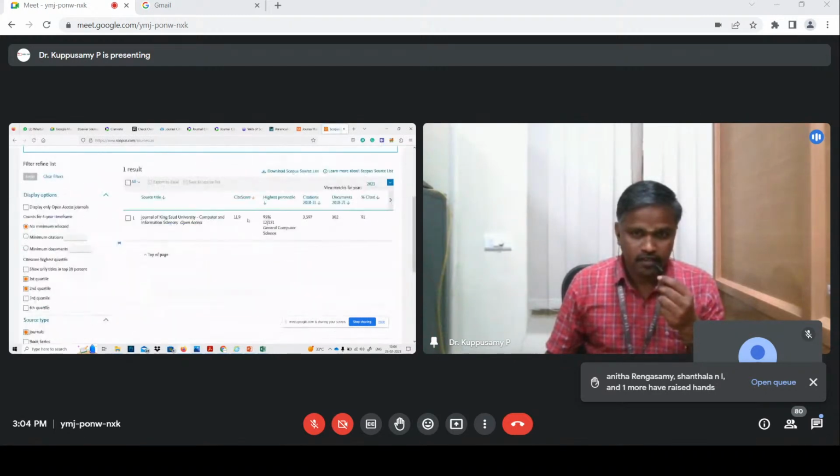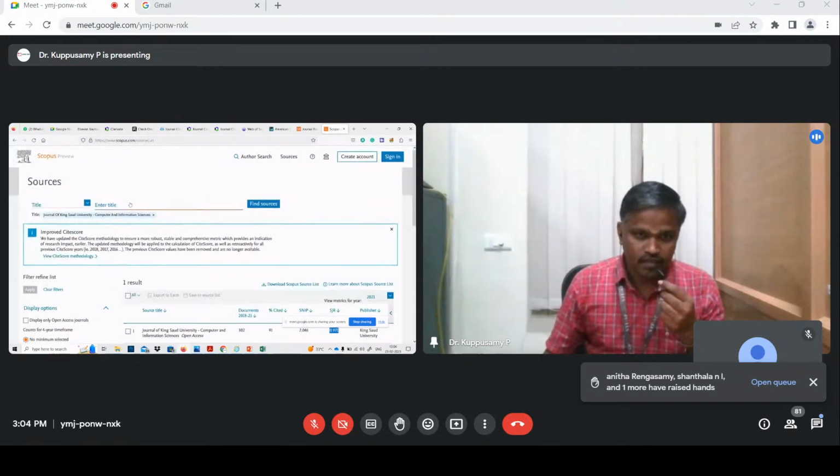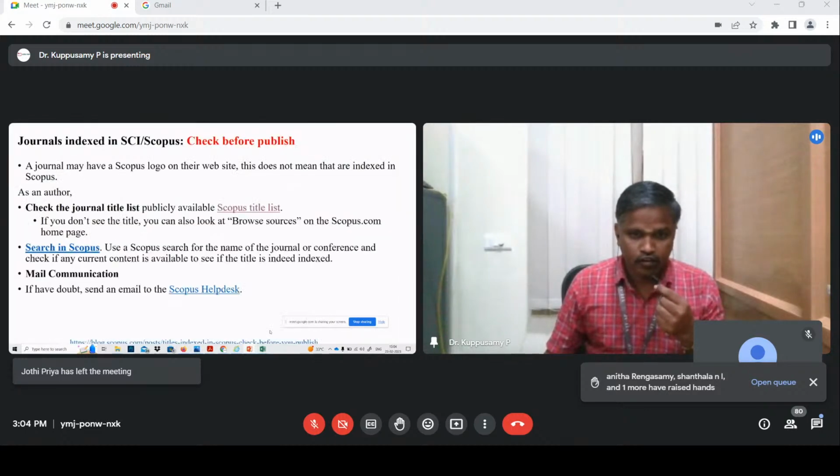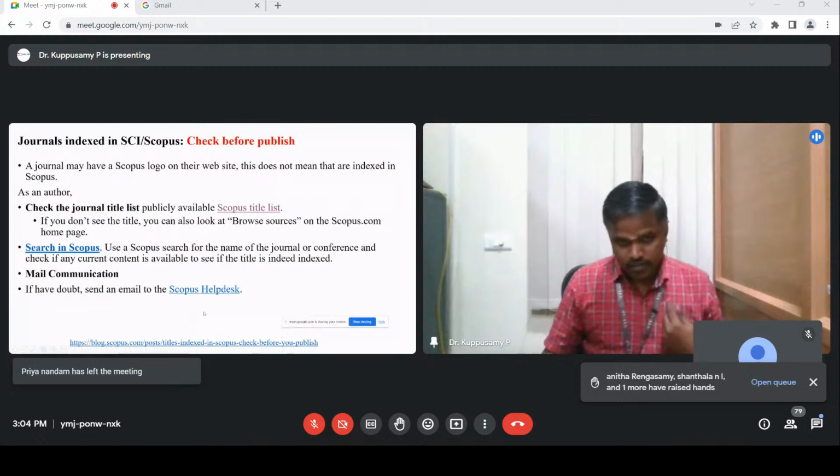You look at that, this journal is given CiteScore 11.9 and SNIP 2.04 and SJR is 0.97. So like this you can check whether the journal is available in the Scopus list or not. So this is one of the ways to check whether the given journal is available in the list or not.